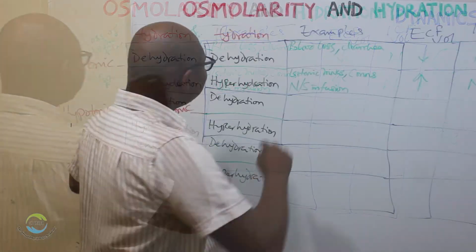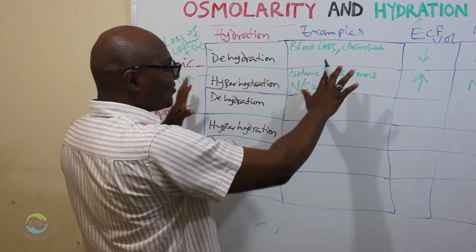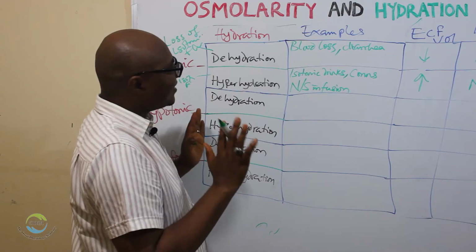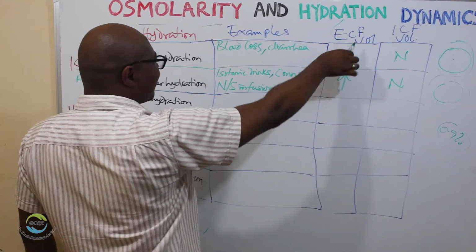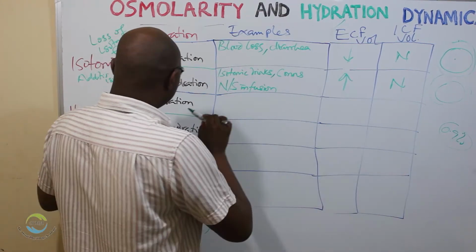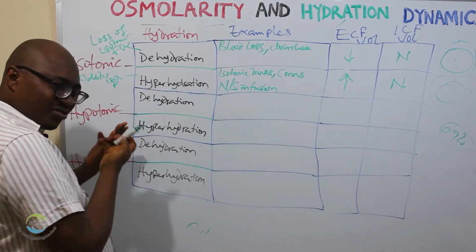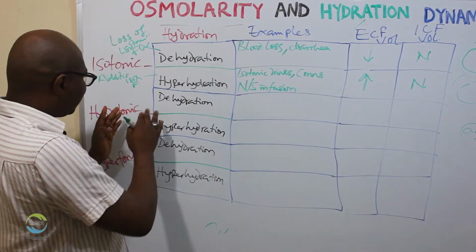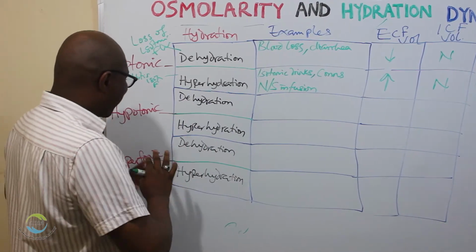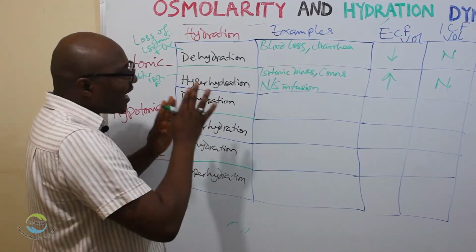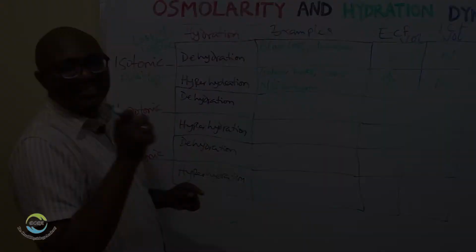Okay? All right. So we've talked about isotonic, which is a little bit easier, because nothing is changing. All you need is just ECF volume, dehydration reduced. So this is where you need to be a little bit more technical. You need to think and follow it systematically. So we'll continue from hypotonic and hypertonic hydration dynamics after this break.